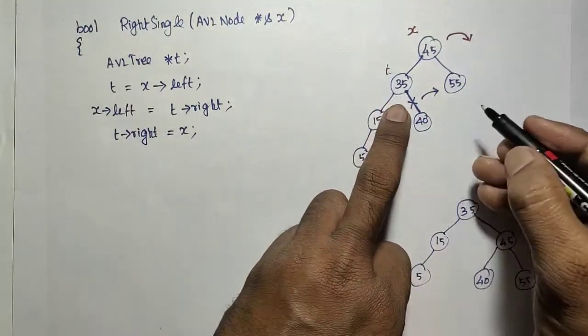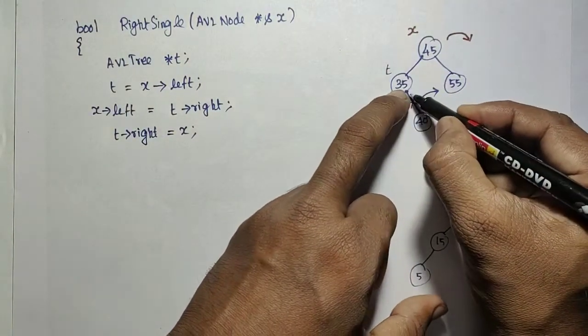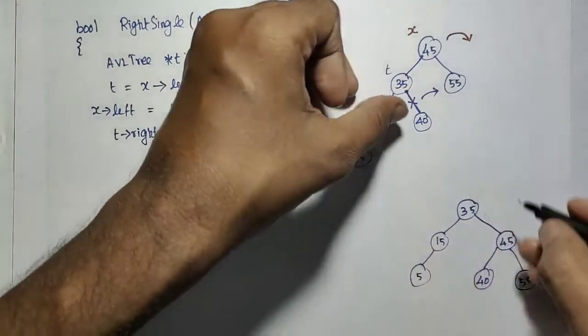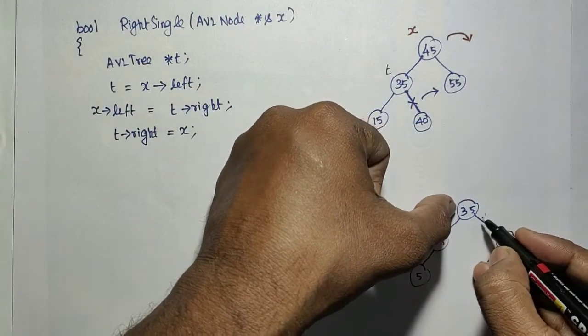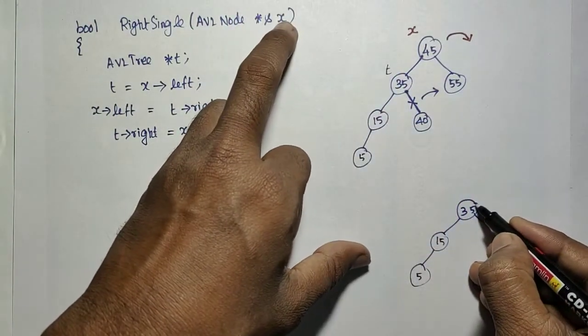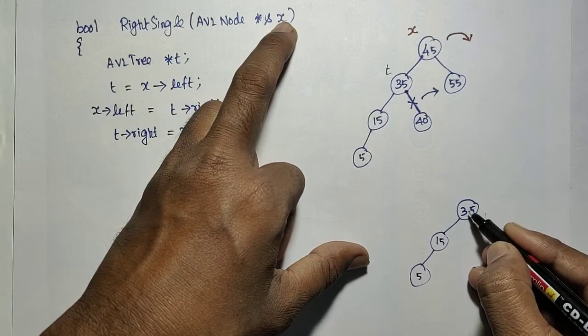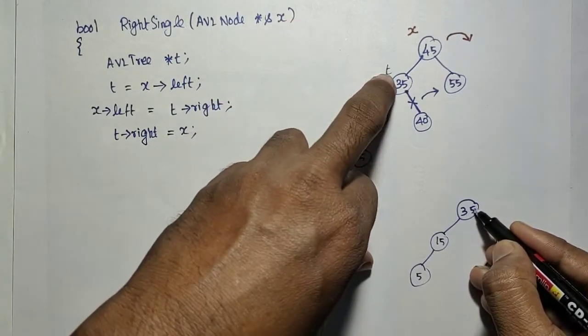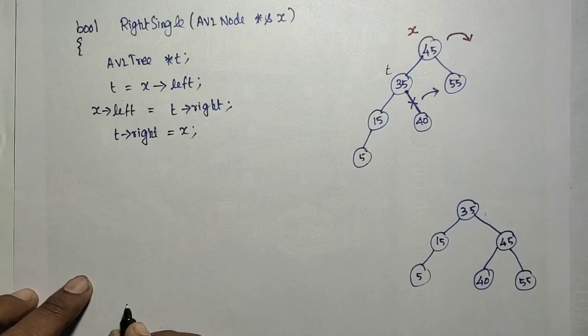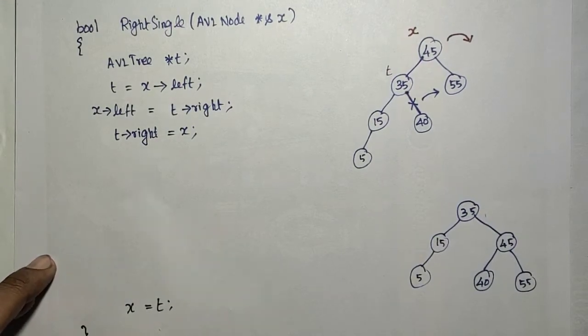So what is happening here is that t of right will be x, this will become like this. Then I need to update that x with t, that has to be done, and final, that is x equal to t.